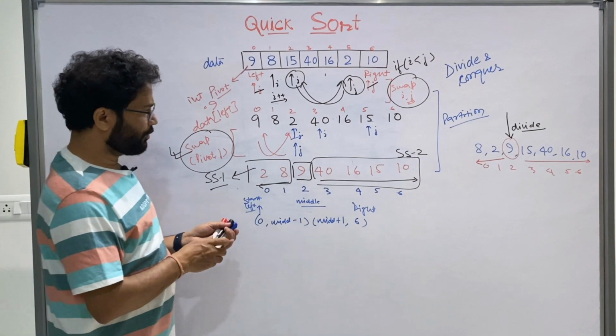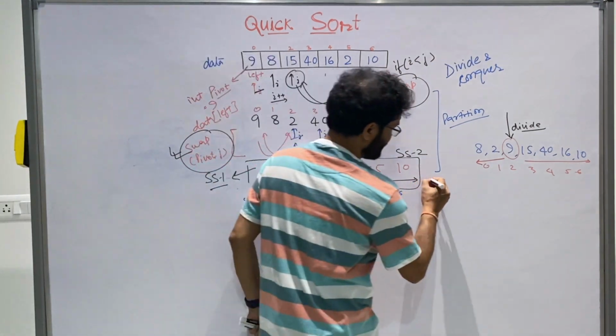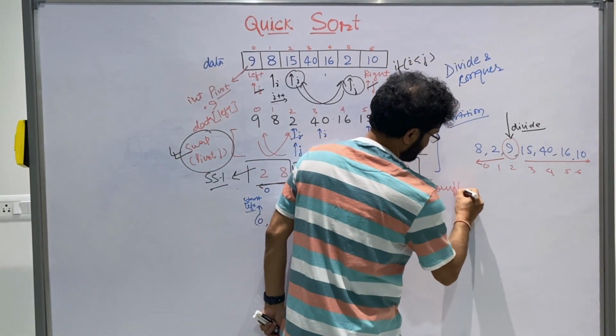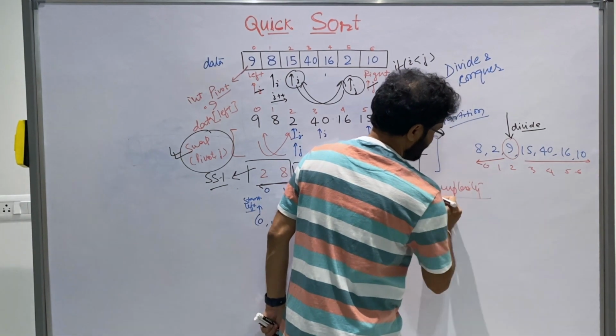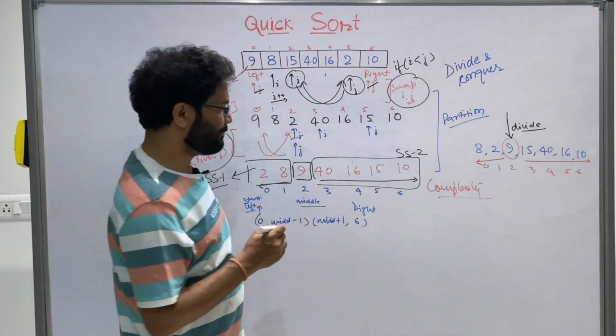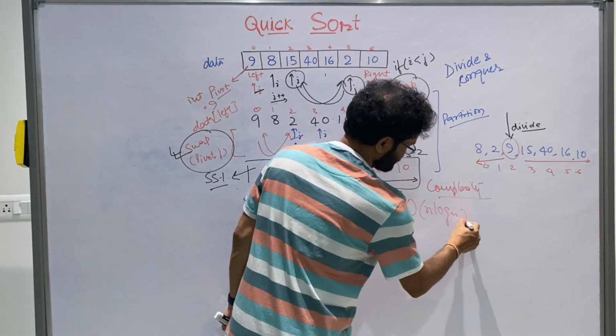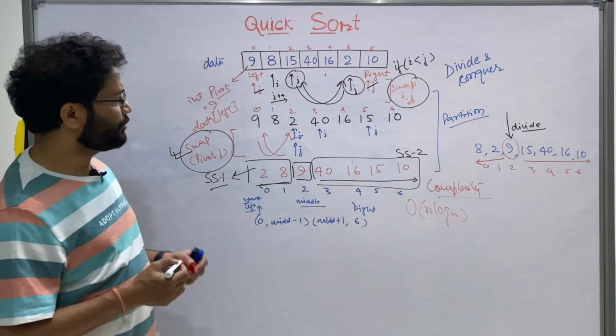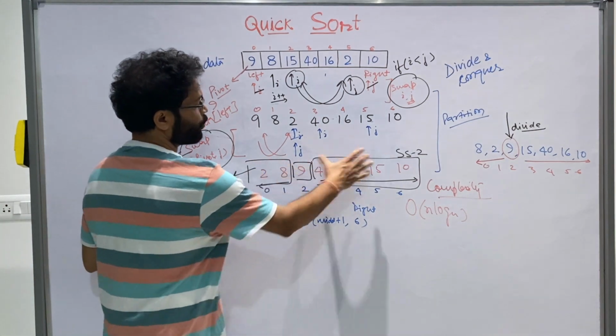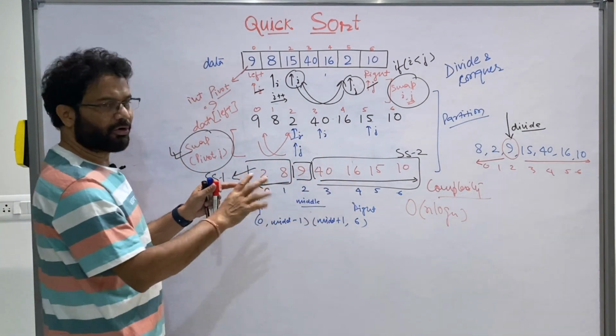So if you see the complexity here, I will show the code on the laptop. On the best case or the average case, you will have n log n, when you get equal partitions, or more or less equal.